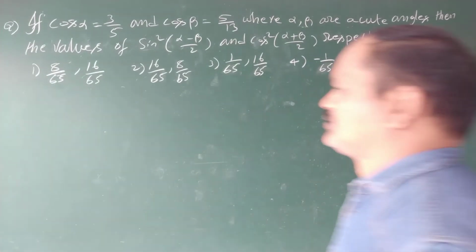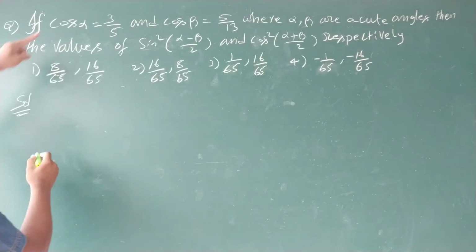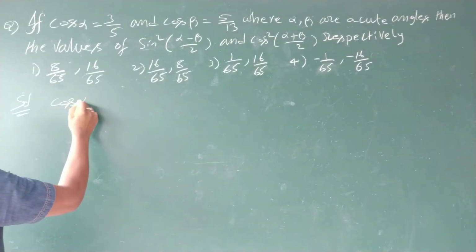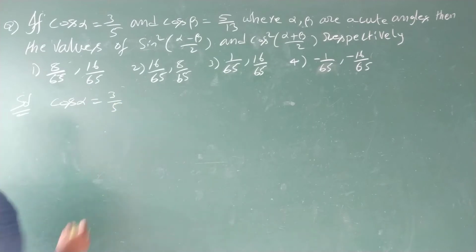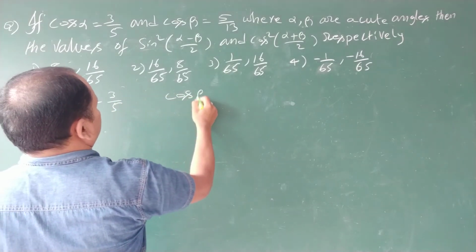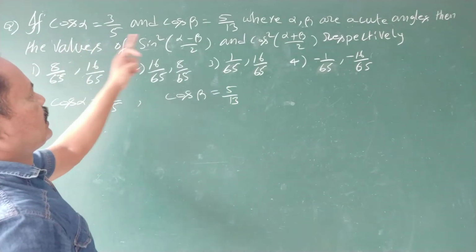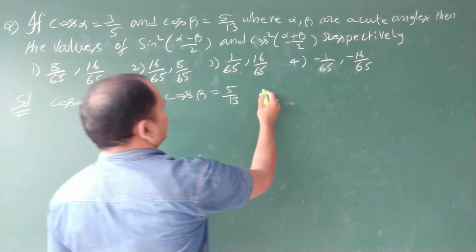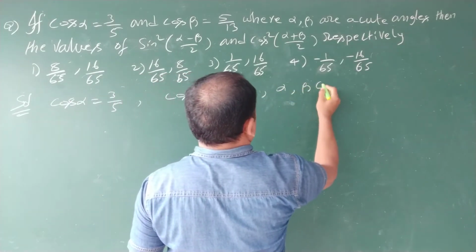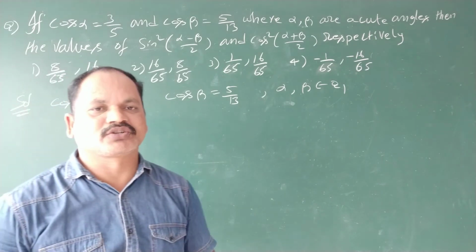Now we have to solve this question. Now the solution for this one. Observe, cos alpha is equal to 3 by 5 and cos beta is equal to 5 by 13, where alpha and beta are acute angles. That means alpha, beta belong to Q1, since an acute angle lies in the first quadrant.